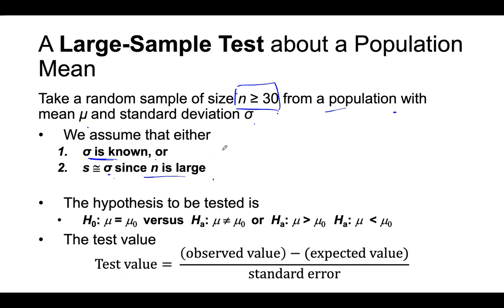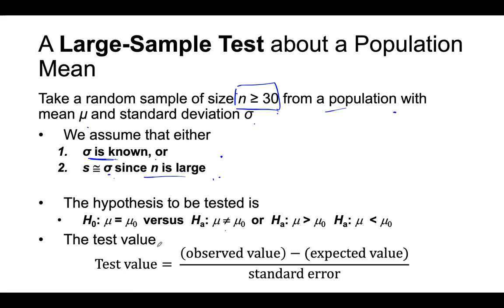So we have to make these assumptions again: n is greater than or equal to 30, sigma is known, and this is large. The hypothesis to be tested is, so there's versions, we have our null hypothesis with the equal sign versus our alternative that it's either different, greater than or less than, etc. Some mu naught. That's just a number for what we're testing.